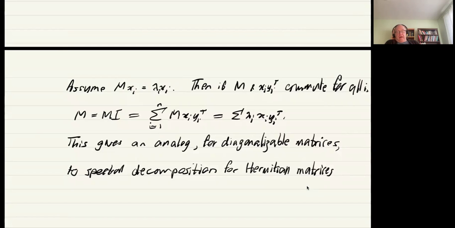If M and xj yj transpose commute for all j, then M is equal to M times the identity, which is equal to M times the sum of the idempotents, which is equal to the sum of lambda i xi yi transpose. And so this is looking a lot like a spectral decomposition.